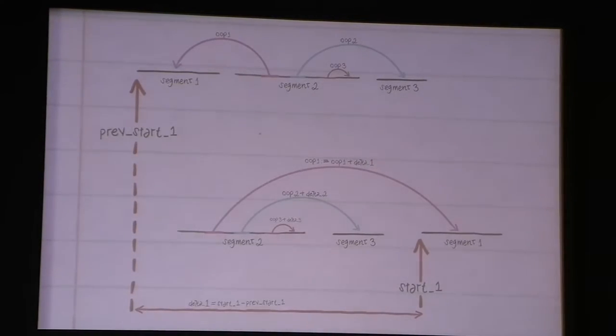So, you have the segments as they were in the first reality when they were in memory. So, for instance, we have three OOPs. One pointing to segment 1, one pointing to segment 3, and the other one pointing to, I don't know, the same segment, segment 2.